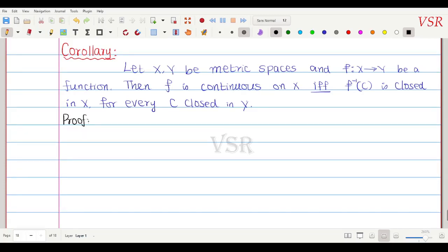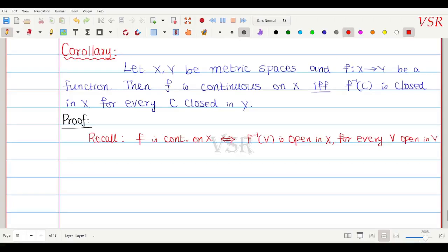Here I will recall this theorem: f is continuous on capital X if and only if this condition: f inverse of V is open in capital X for every V open in capital Y. If we take an open set in Y, then its inverse image will be open in X. So these both conditions are equivalent.